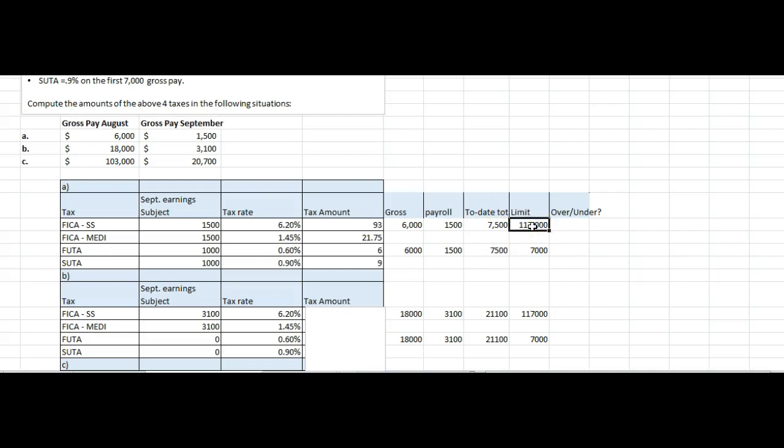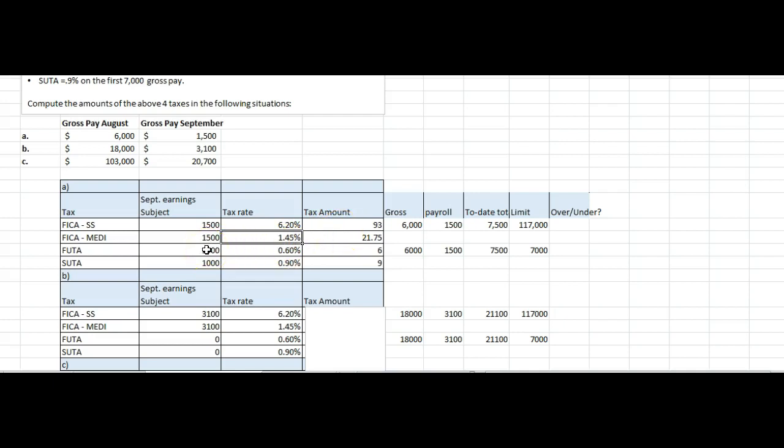So they have to pay FICA on the full amount. So that's going to be $1,500 times 6.2%, which gives me $93. Medicare, there is no limit, so I'm always going to charge the full amount. $1,500 times 1.45% is $21.75.